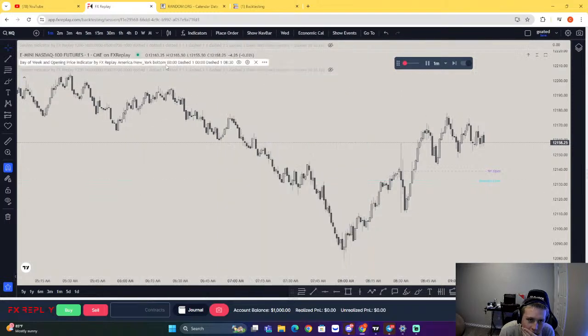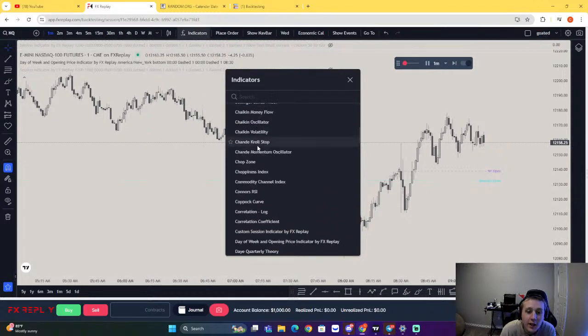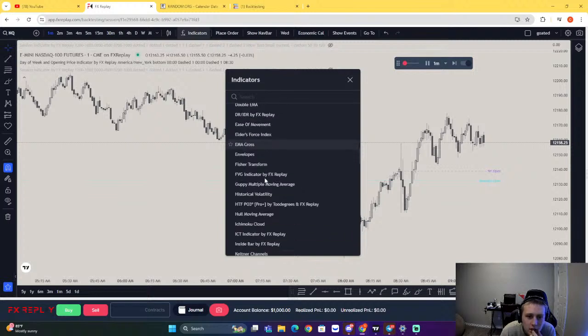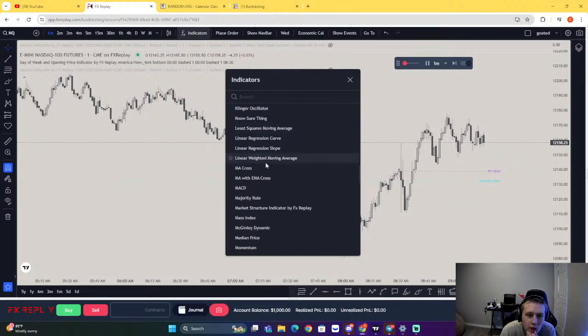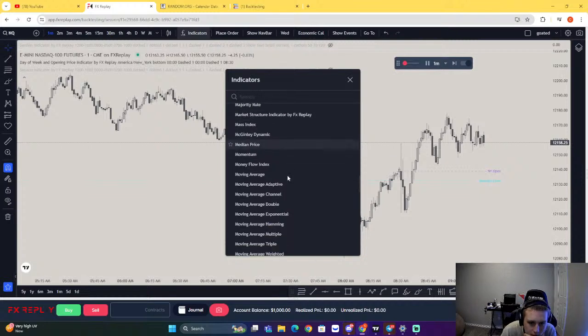I don't know if that would work. I wish I could have an indicator for that. I think FX Replay definitely needs to put something like that in there. Let's see, I'll look for it for like 2 minutes. I'm trying to look for an opening, where I can set an opening price for a certain time of day that would automatically plot, like with my midnight open and New York open, but for a specific time.